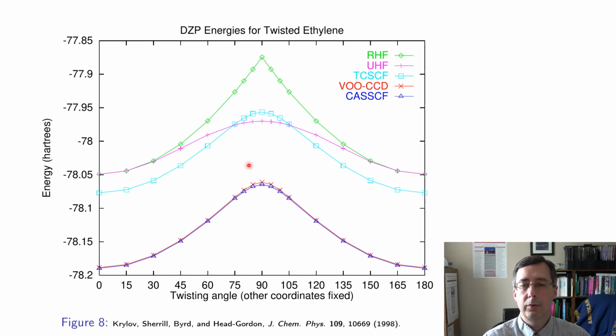So back to this twisted ethylene example, CASSCF, now I've defined it, you see that it gives a nice smooth potential curve and it looks pretty great. It does recover a lot more correlation energy than the minimal description of non-dynamical correlation that I get from the 2-configuration self-consistent field.